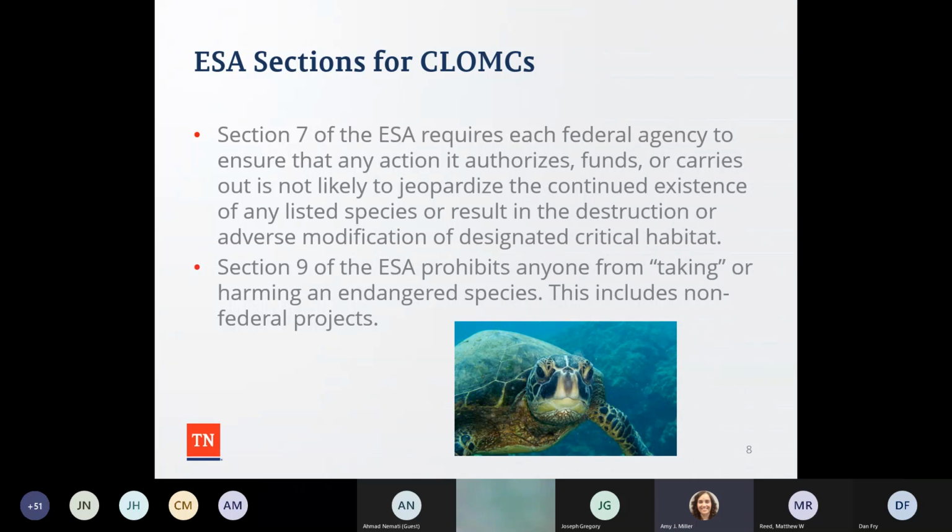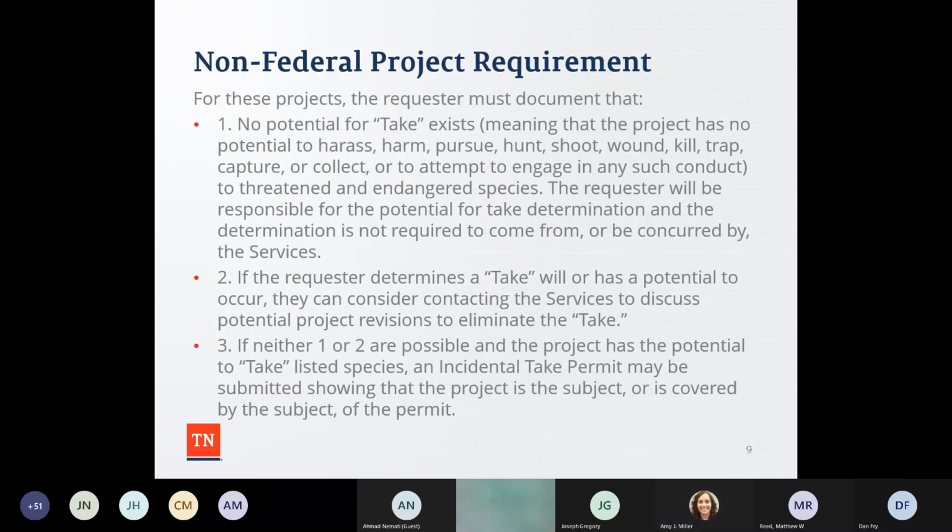So whenever you're doing development in the floodplain, anything that would be a conditional letter of map change, or any kind of floodway disturbance, there has to be documentation fulfilling the Endangered Species Act requirement, stating that there's not going to be any kind of harm or any kind of taking.